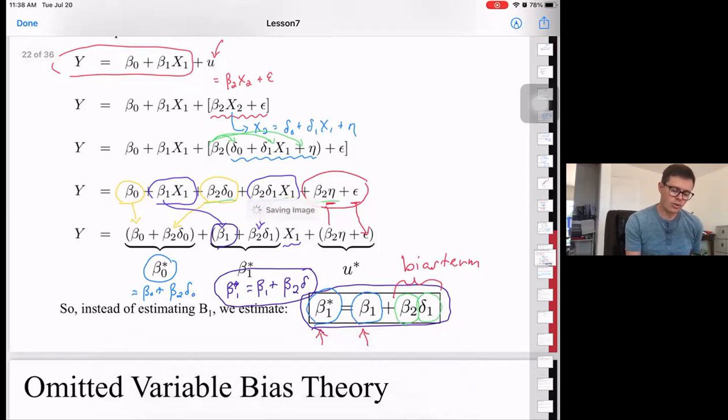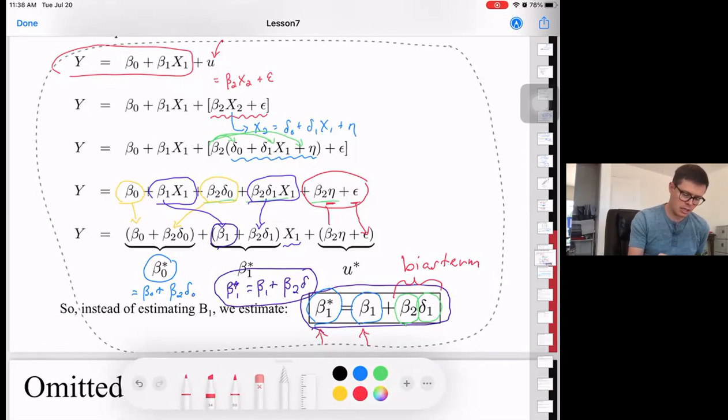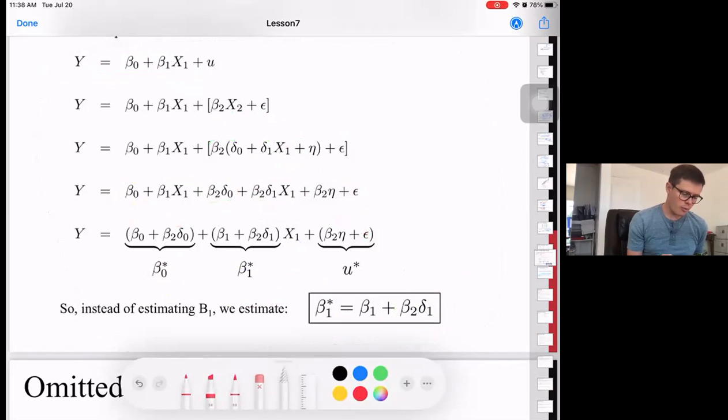It also reinforces something that we've said earlier. I'm going to delete some of this math because it's just a big mess. It also reiterates something that we've said before, which is to consider the case in which beta 2 is 0. If there is no effect of x2 on the outcome, then there's no bias, because the new beta that we're able to estimate is equal to the beta we wanted plus 0 times delta 1, which is just beta 1. Okay.